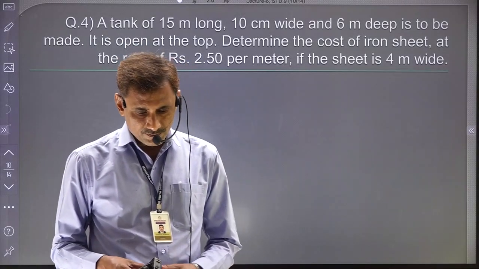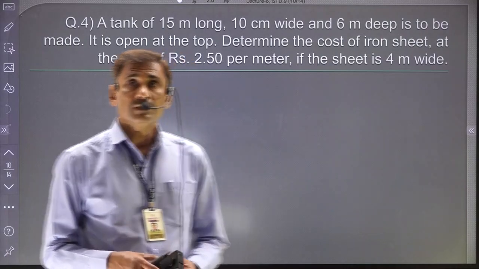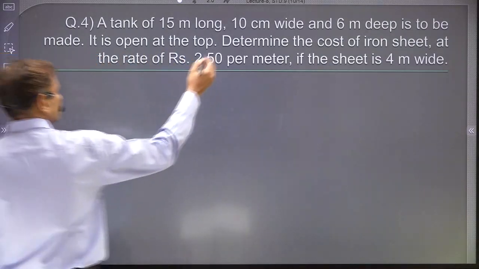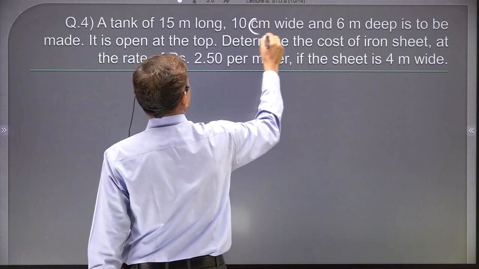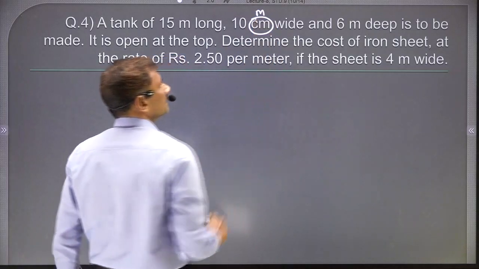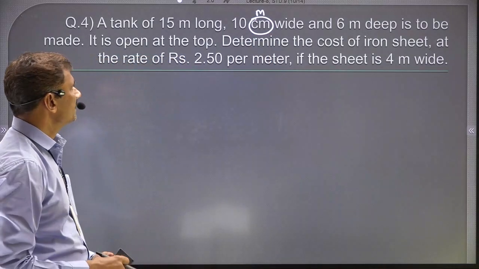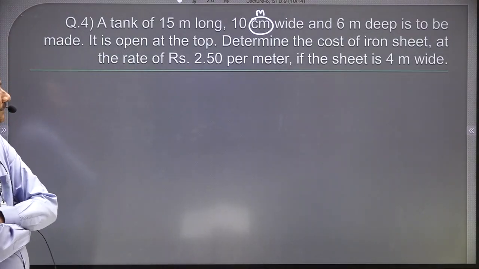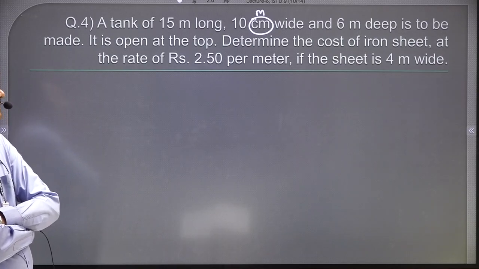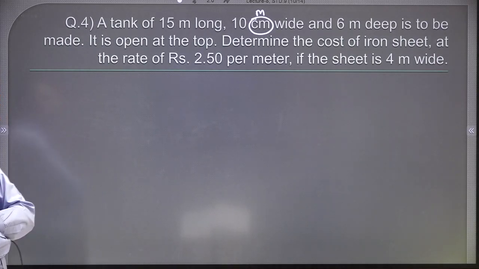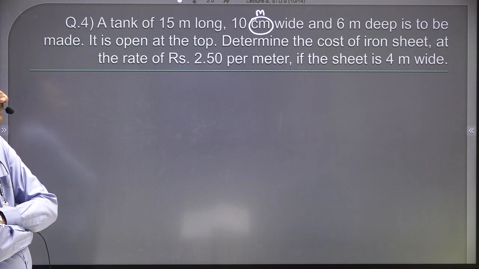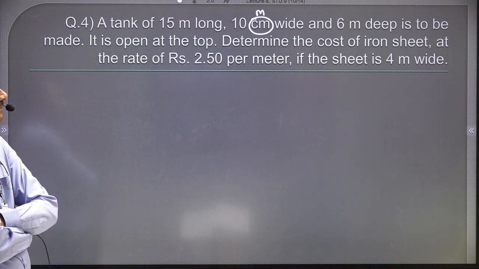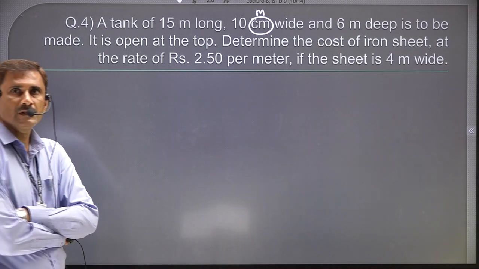Tank of 15 meter long, 10 meter wide. It is not centimeter, it is meter here. And 6 meter deep is to be made. It is open at the top.